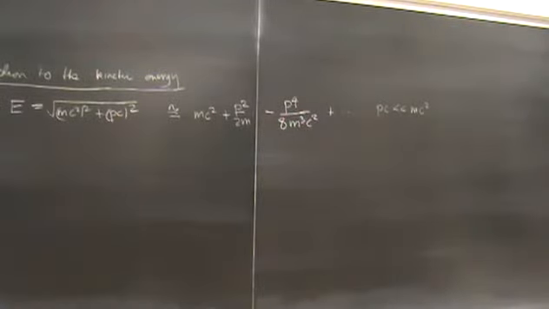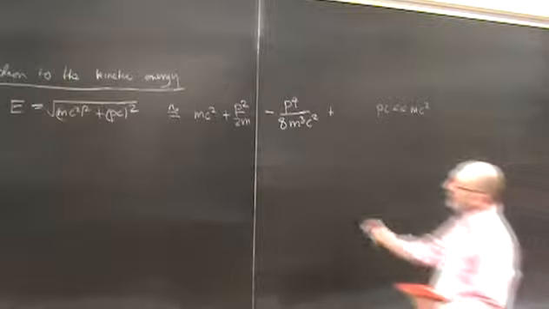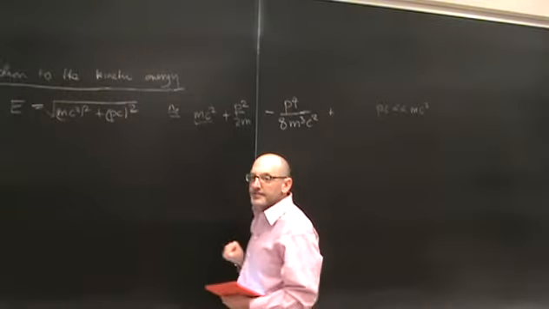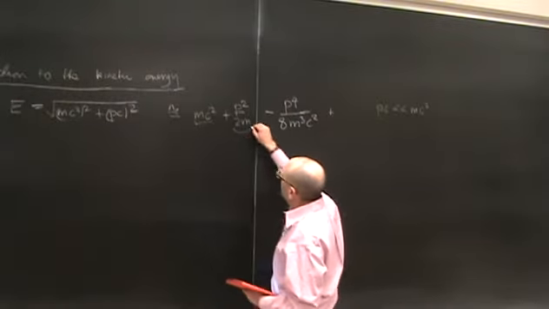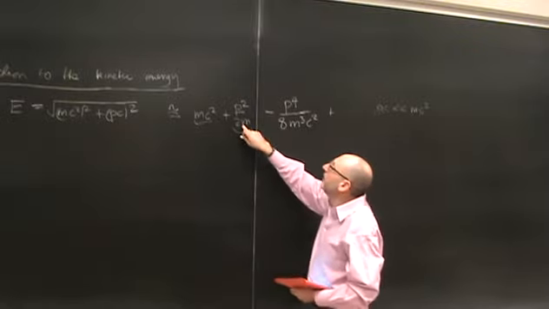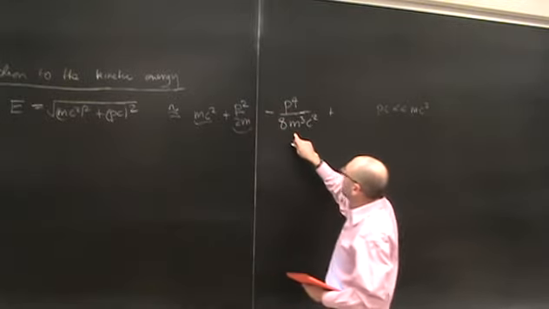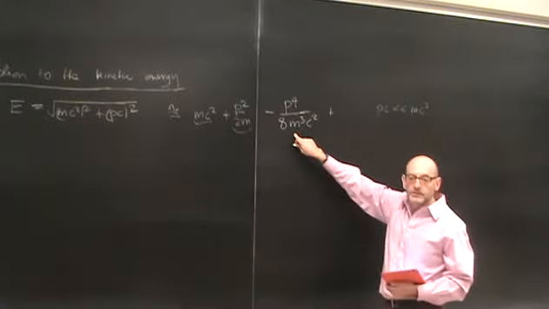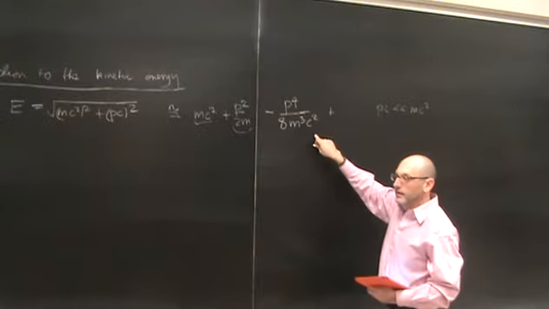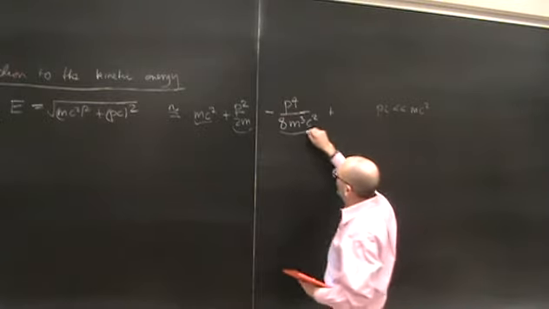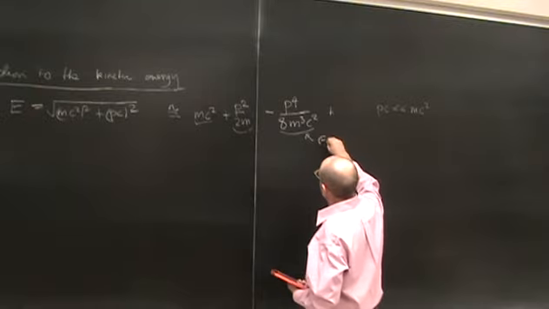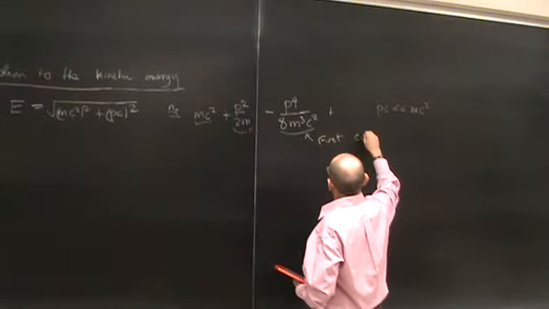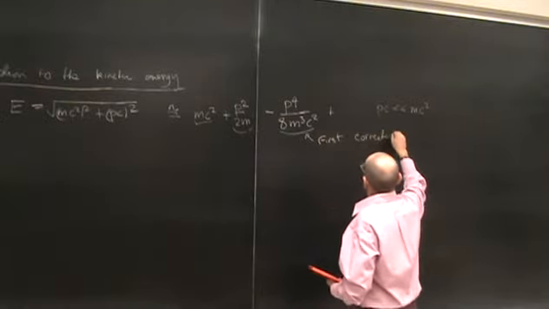Okay? So there is a rest mass contribution, which is just a constant here. This is the non-relativistic kinetic energy, and this is the first order correction.